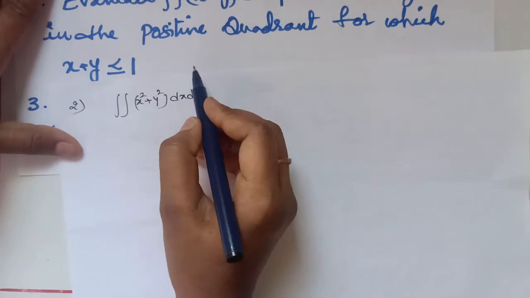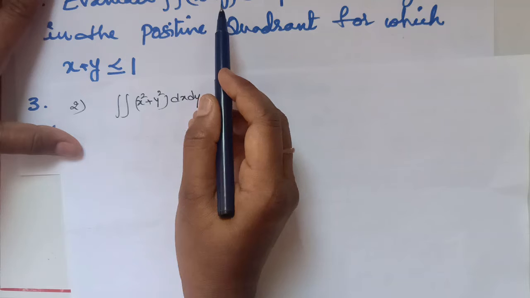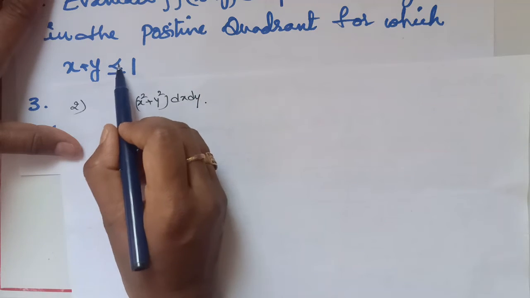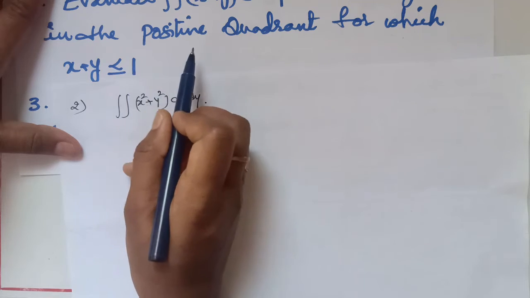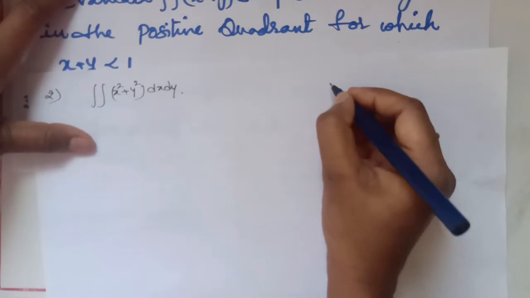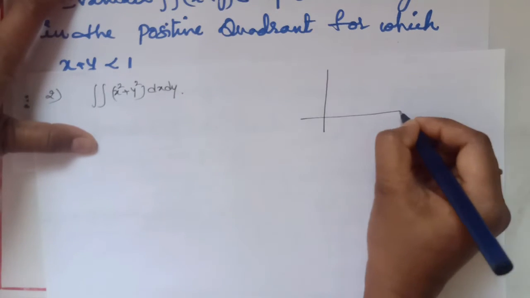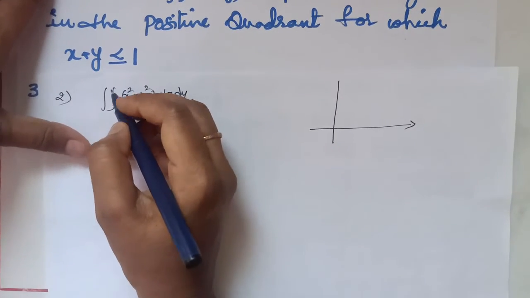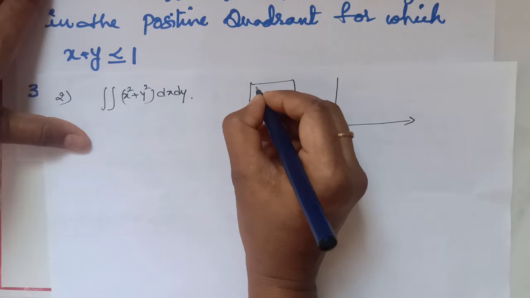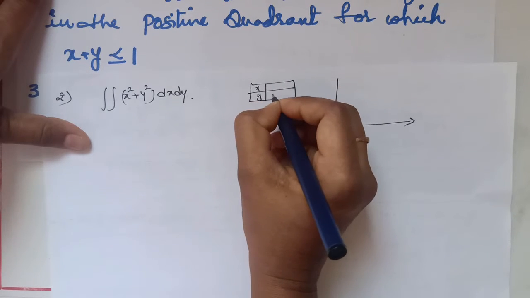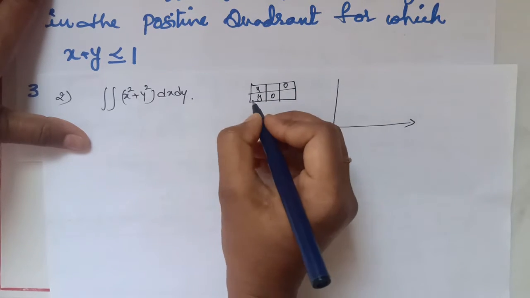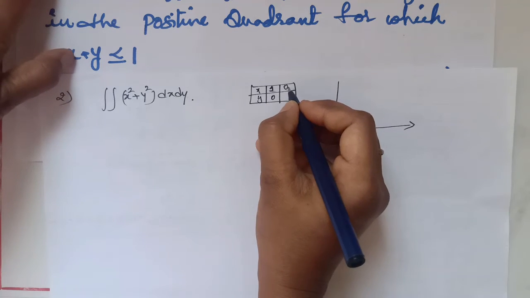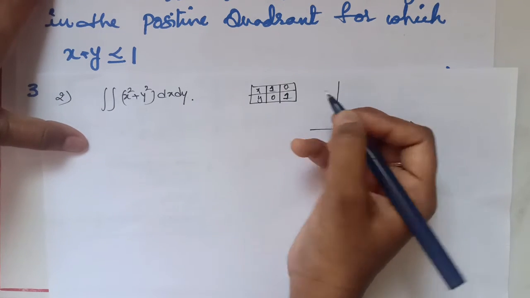So you are going to integrate this over the region x plus y less than or equal to 1 in the positive quadrant. Let me draw this first. Substituting y equal to 0 you get x equal to 1, and substituting x equal to 0 you get y equal to 1.